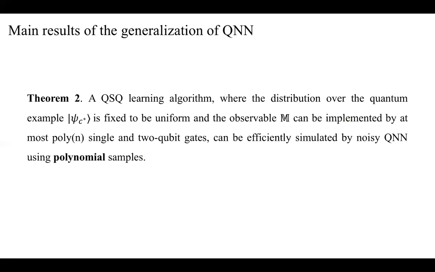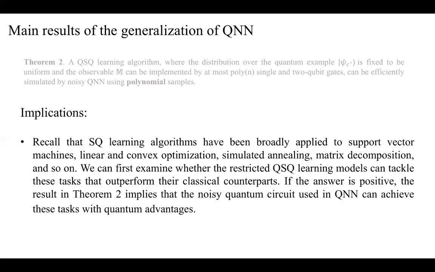So we want to explore the connection between the QSQ oracle and the variational circuits used in quantum neural networks, and we achieve this theorem. Specifically, a QSQ learning algorithm where the distribution over the quantum example phi C star is fixed to be uniform and the observable M can be implemented by at most poly(n) single- and two-qubit gates can be efficiently simulated by noisy quantum neural networks using polynomial samples.